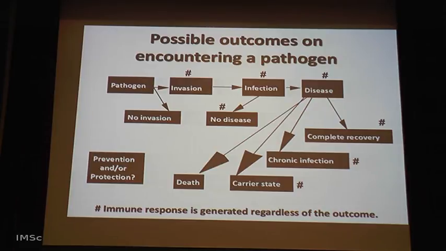So I have put here prevention and or protection as just a notion, and that is about vaccination in one sense, but also protection and immune responses are different. This is something that I might as well elaborate here and possibly stop before I go to the next one, since I looked at the clock and it is close to 1 o'clock.